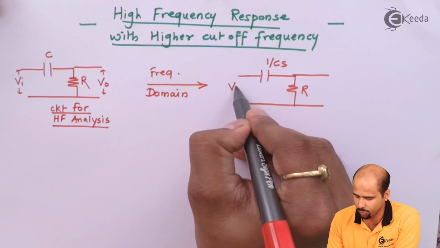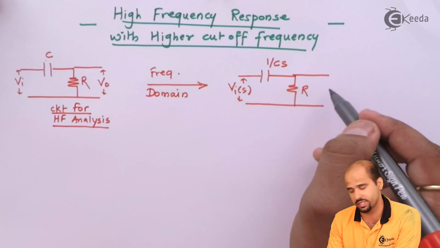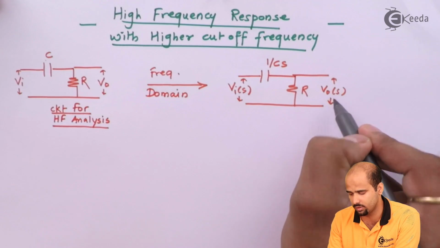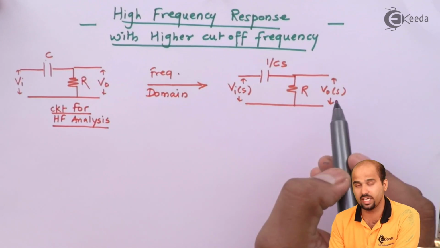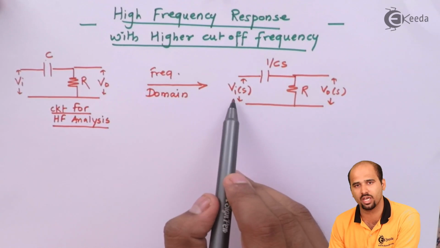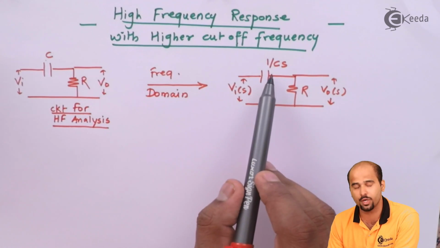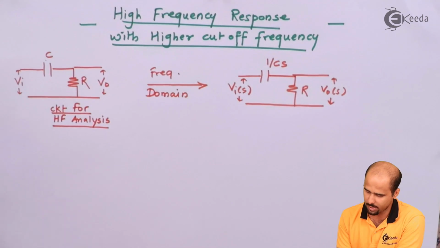This input will be a function of the frequency S in radians per second, and the output is also a function of the frequency S in radians per second. Now how will the gain change? Gain means output voltage divided by input voltage, and that ratio will change as the frequency changes. So we will learn step by step.